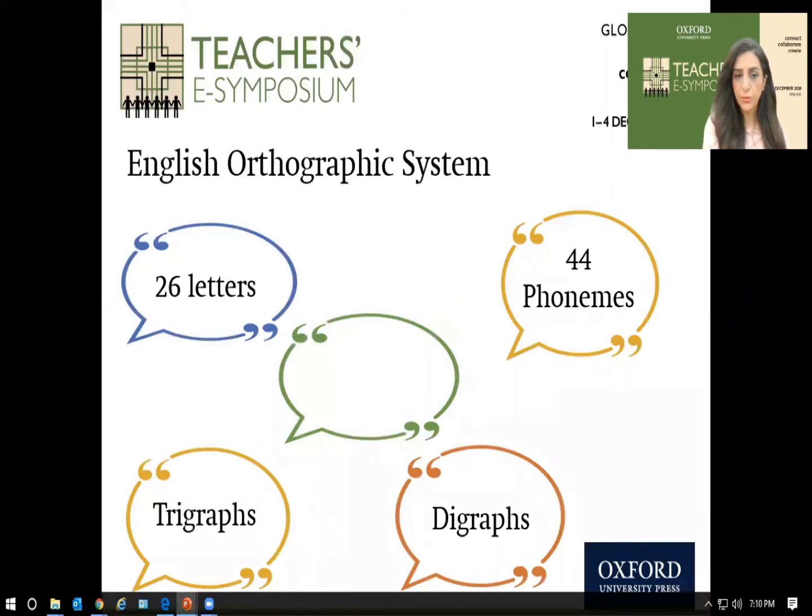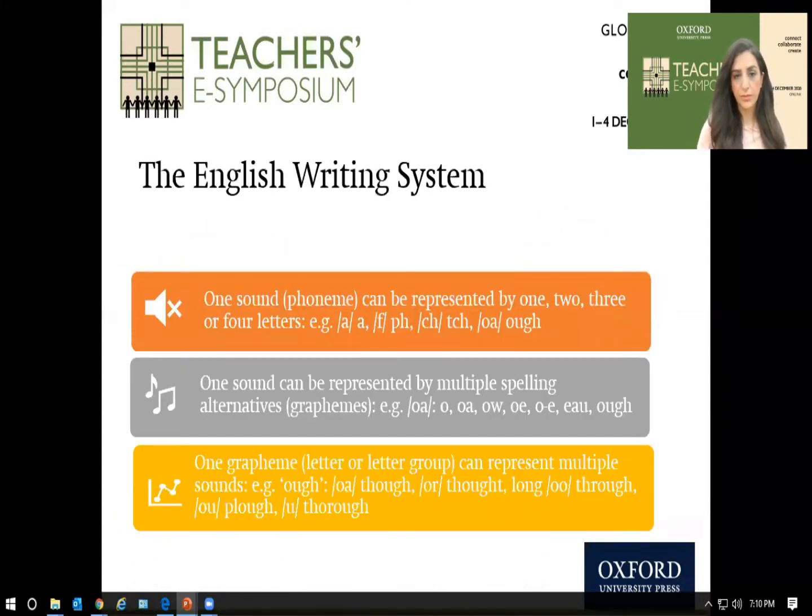And then there are some more that are represented by 3 letters, and these are called trigraphs. To add to that, another level of complexity is that there are more than 250 different ways of spelling or writing these 44 sounds. And these spelling variations are, of course, called graphemes. So there are more than 250 graphemes in the English language.